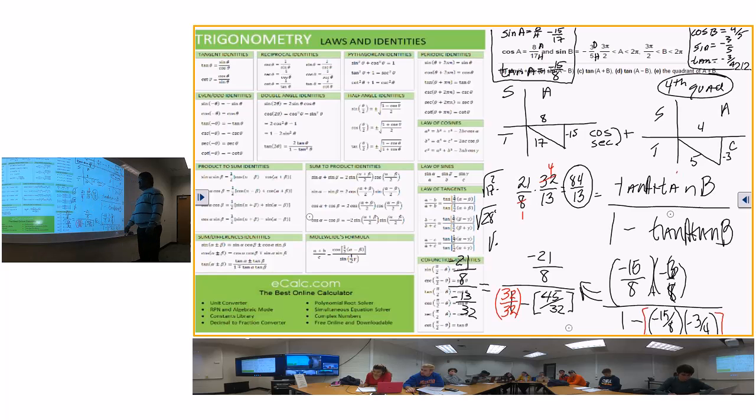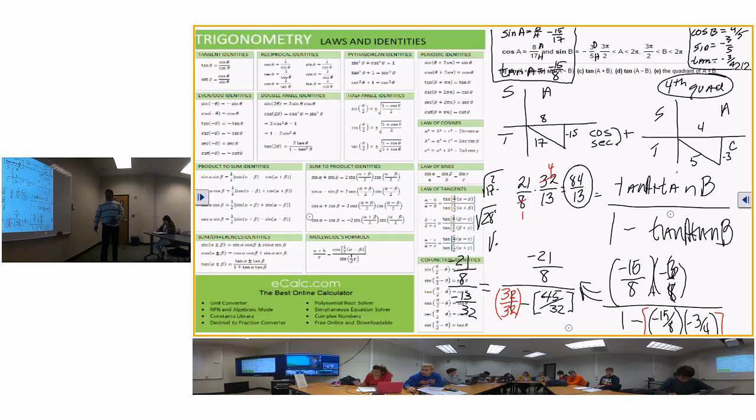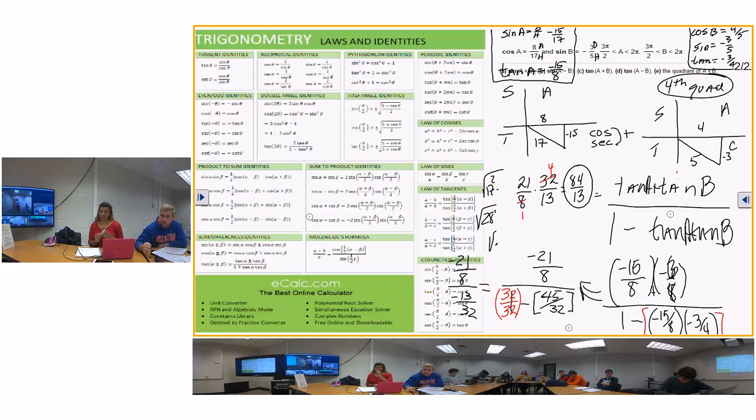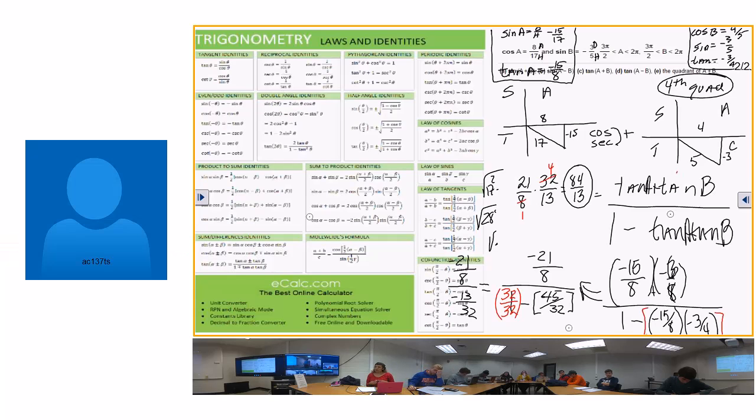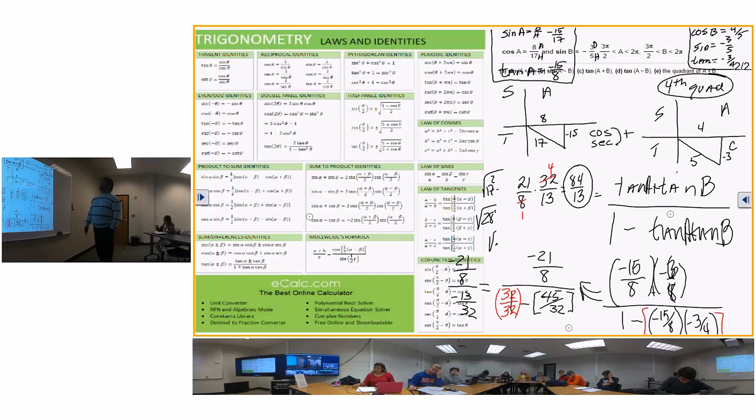I don't know if that's reducible. I don't think it is. Unless 4, no, 6 times, no, 8. It'd be 8 times 3. That won't work. 13 is a prime. So I think that's it. Is that the final one we got to do? No, we got to do A minus B.